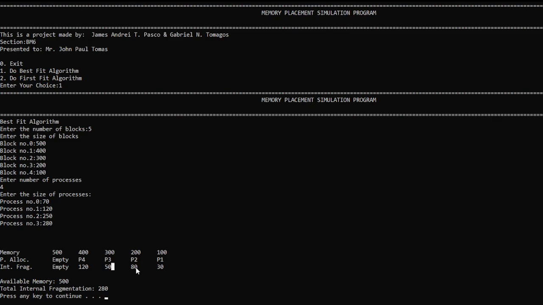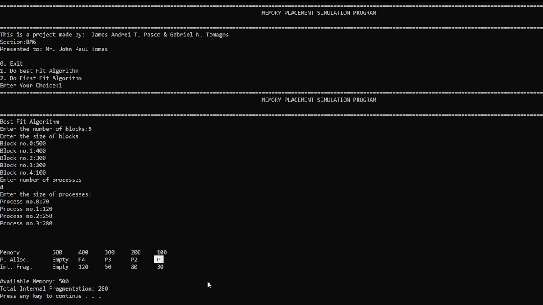The rest are paired to the bytes where they are nearest in range. Process 120 to 200 bytes, and process 70 to 100 bytes.